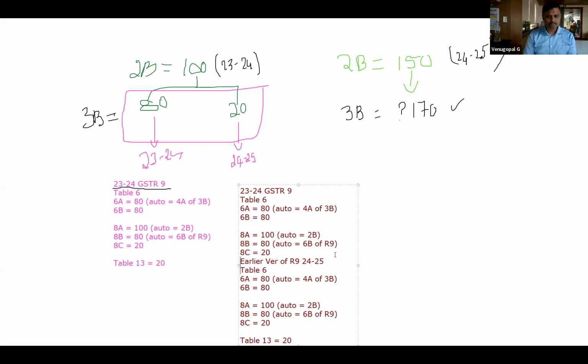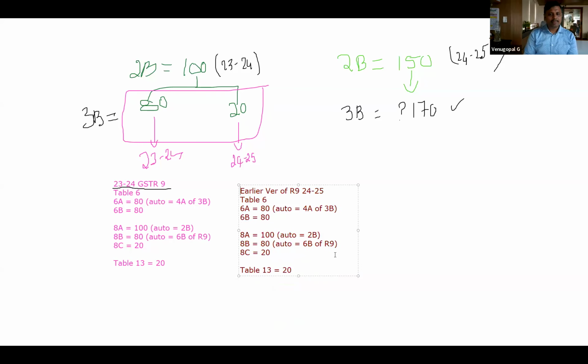In my earlier version of GSTR 9, in table 6 of 24-25, it is auto-populating from 3B.